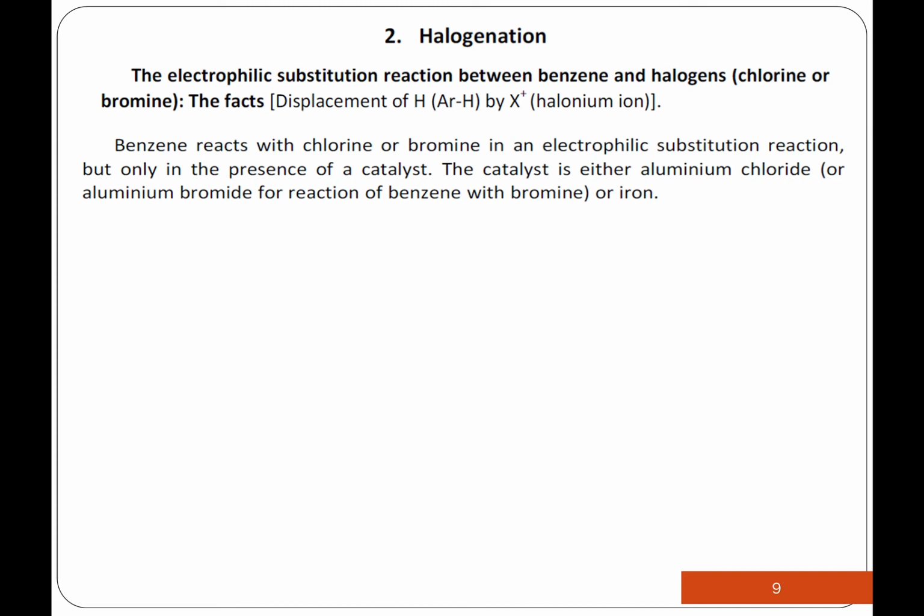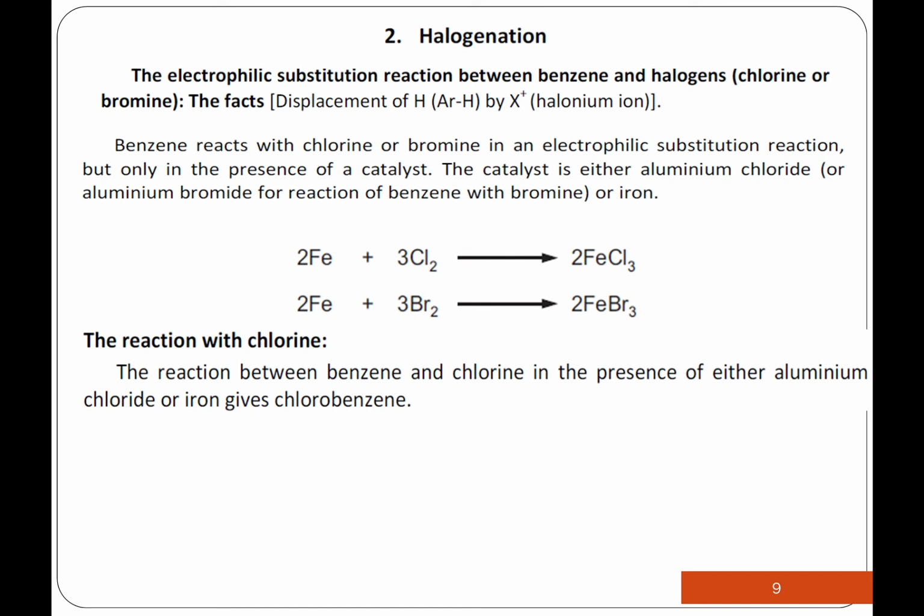Ferric chloride, if you just use iron filings in the presence of chlorine gas or bromine, is formed in situ as ferric chloride or bromide, and both ferric chloride, bromide as well as AlCl3 are Lewis acids. The role of these Lewis acids is to abstract the chloride from the chlorine and generate the chloronium, or same thing with bromine to give bromonium.